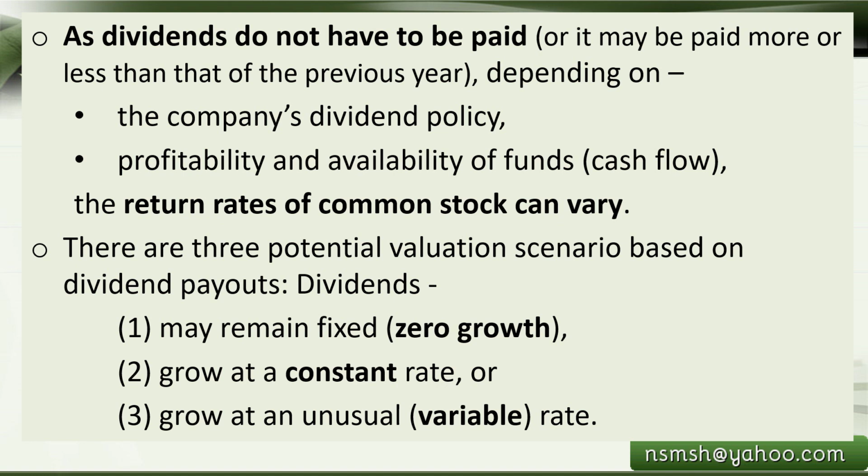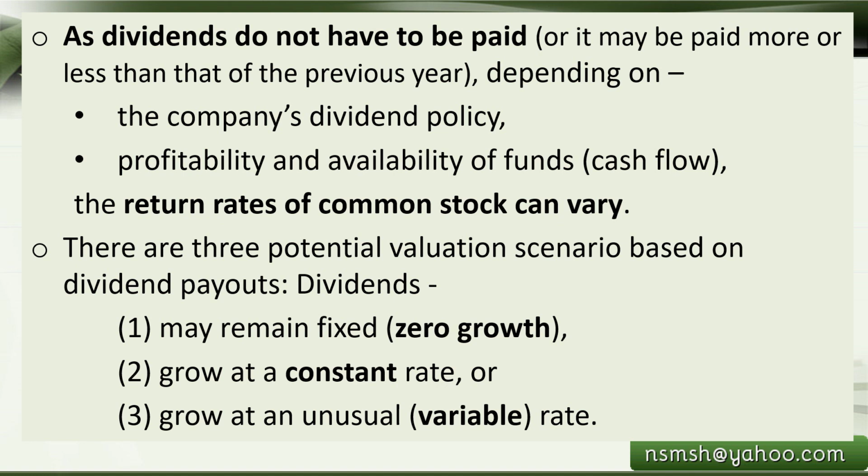So it depends on the company's dividend policy, and also the profitability and availability of funds, mainly the cash flow. So accordingly, the return rates of common stock can vary. It will not be the same return as any bond or preferred shares equity.